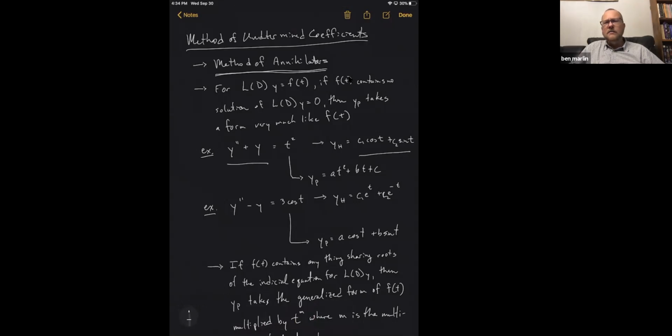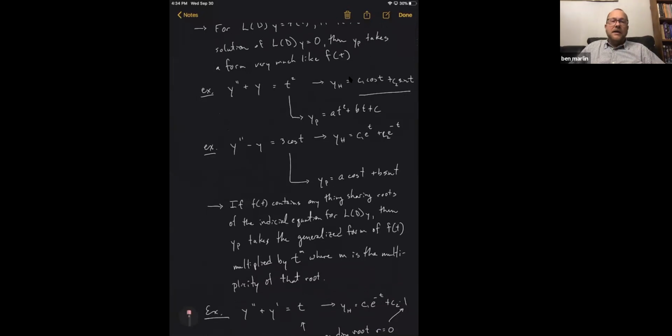So I don't think I should have any degree that is higher than the t squared that appears there. And so I guess that it's going to be at squared plus bt plus c. And if you're saying, well, how do you find out what the a and b and c are? That is the rest of the trick, and we'll come upon that here in a minute. Okay.